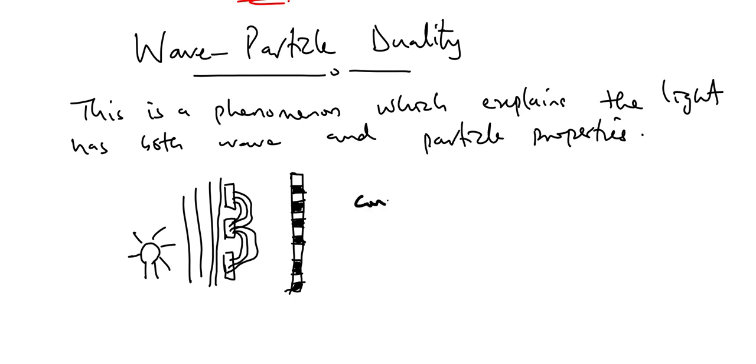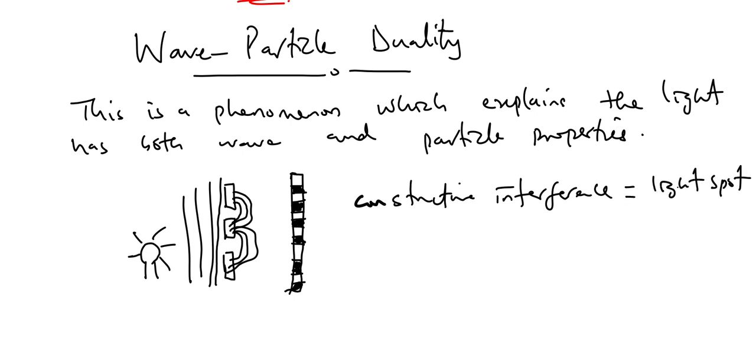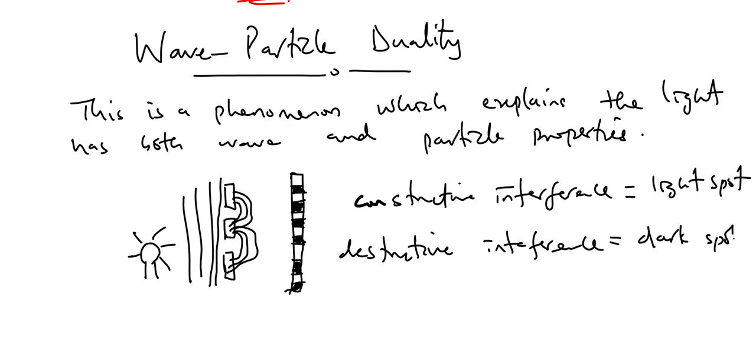When we have constructive interference, then we have the light spots. They just add up together to boost the wave. But we can also have destructive interference, whereby the waves cancel each other out. When they cancel each other out, then we have the dark spots. So this shows that light is a wave, so it undergoes these wave phenomena.